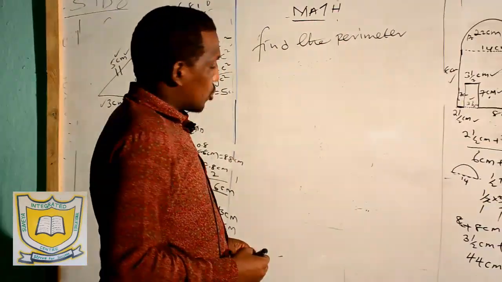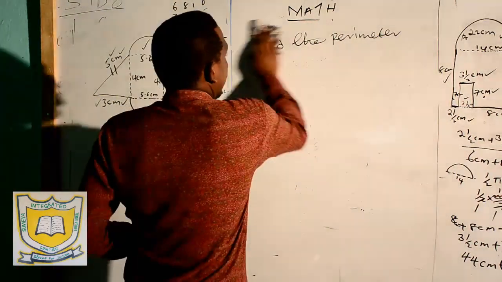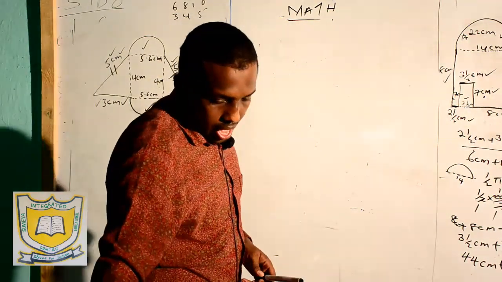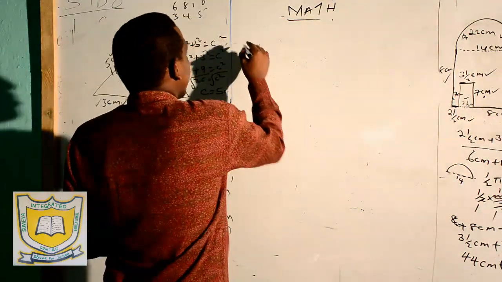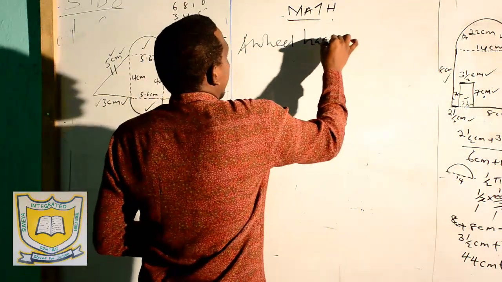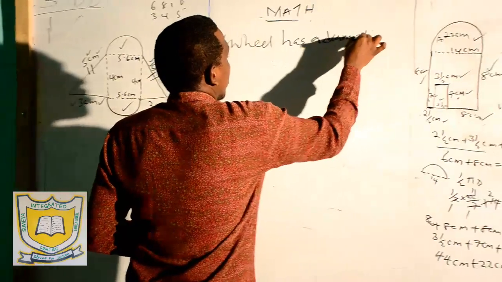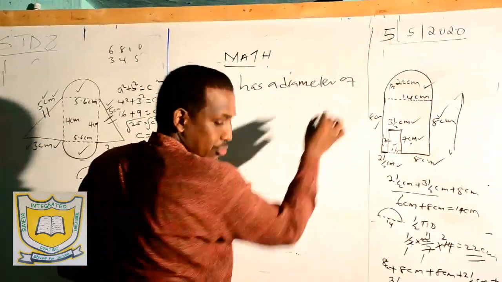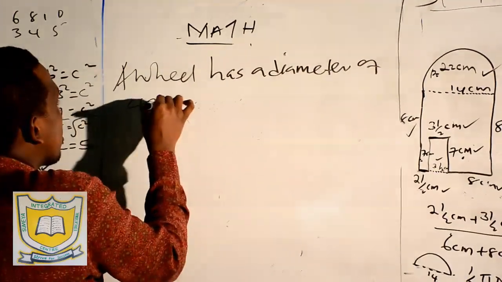There's also another question here. You are told a wheel has a diameter of 49 centimeter.